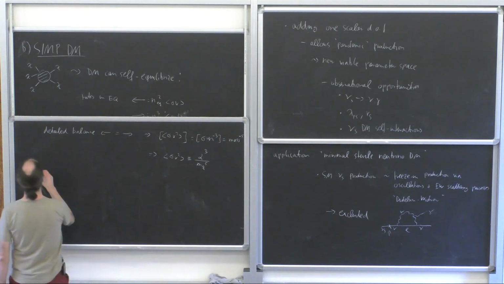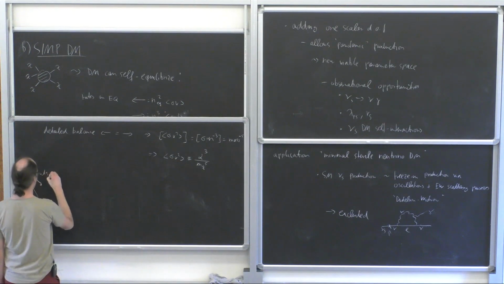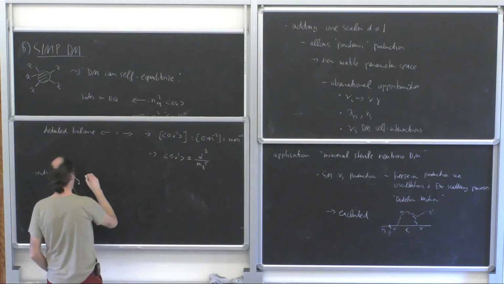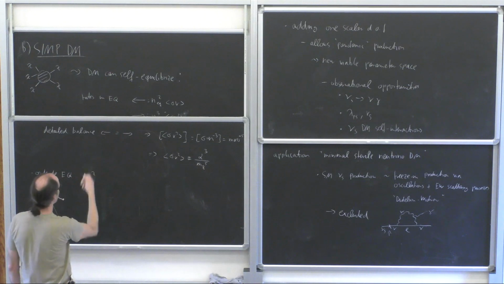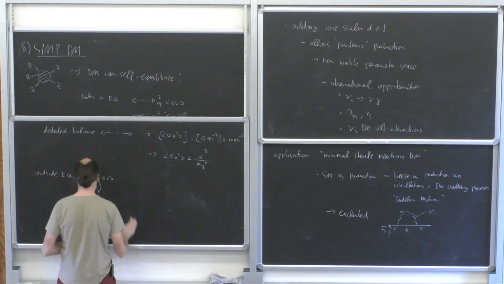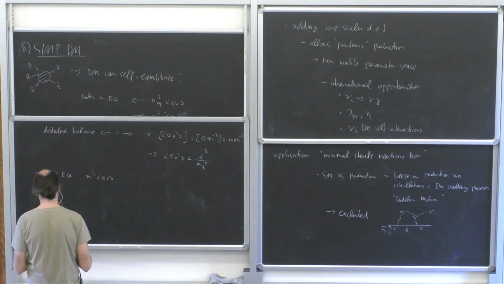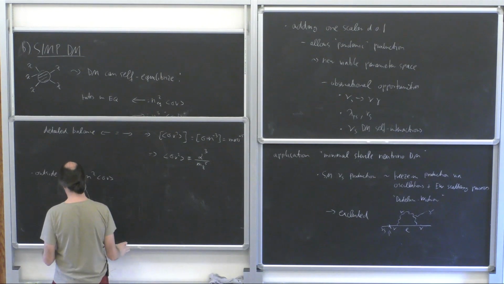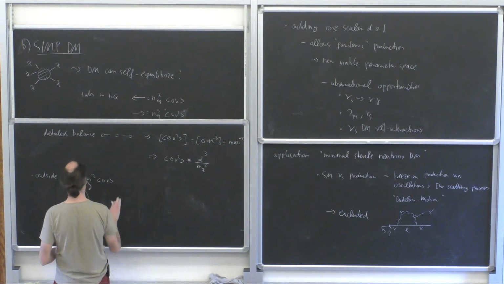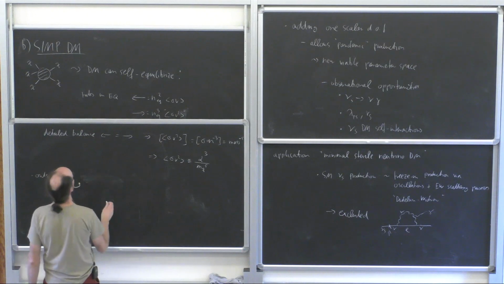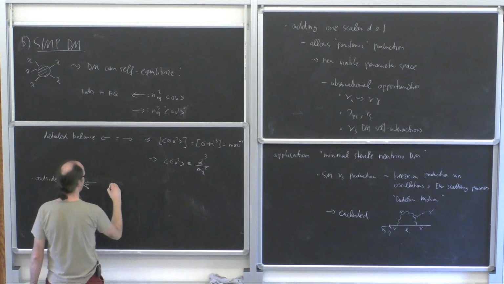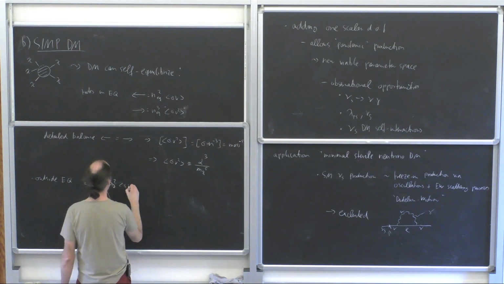Okay, so then what happens outside equilibrium? Well, this direction is clear. So this would be just an n squared sigma v.